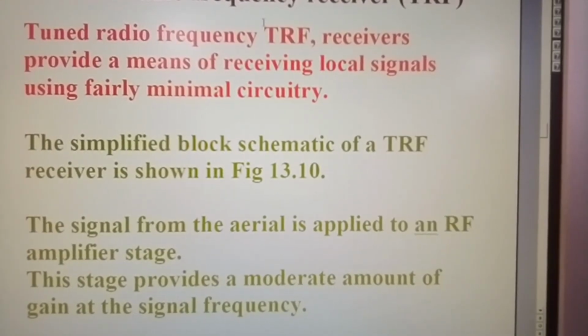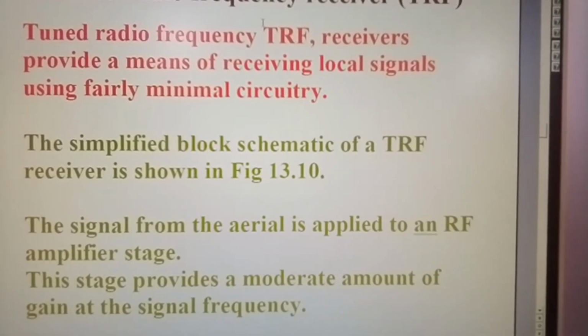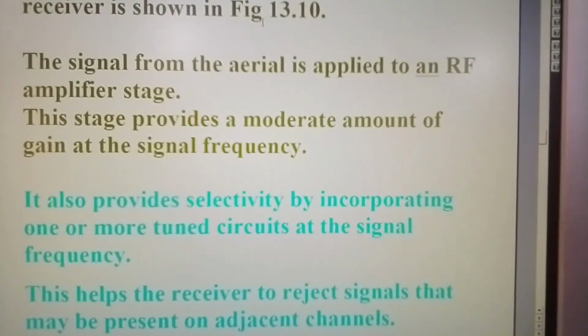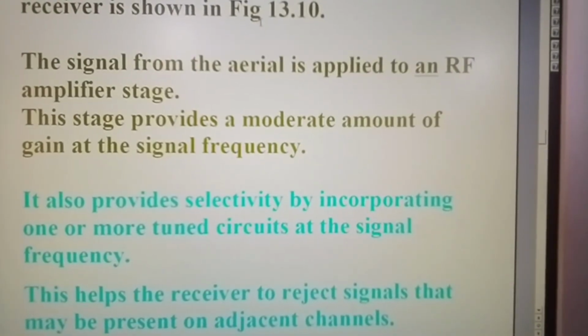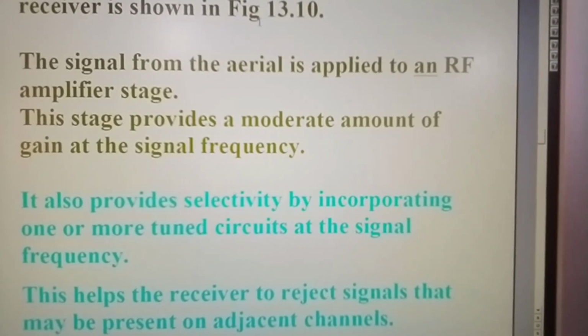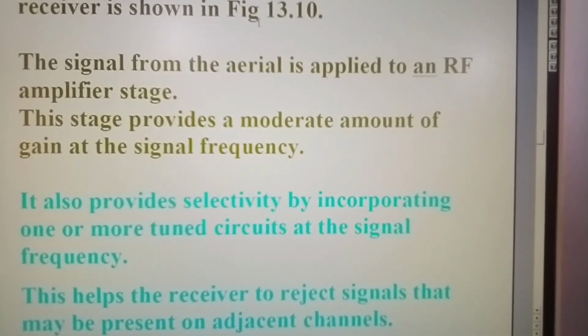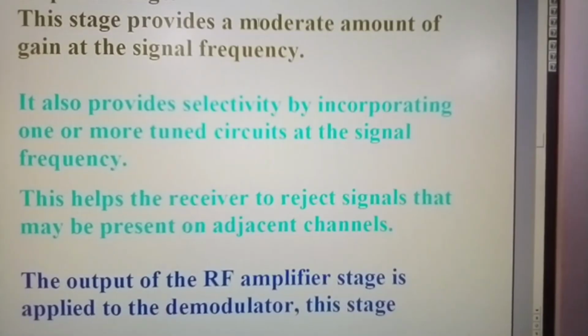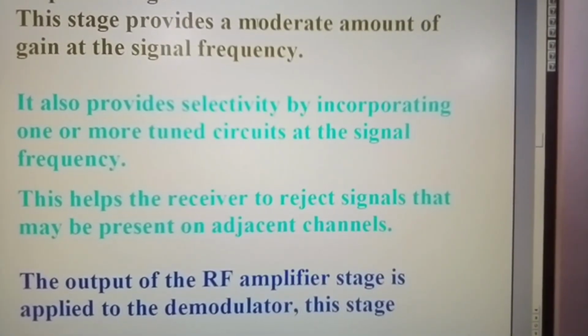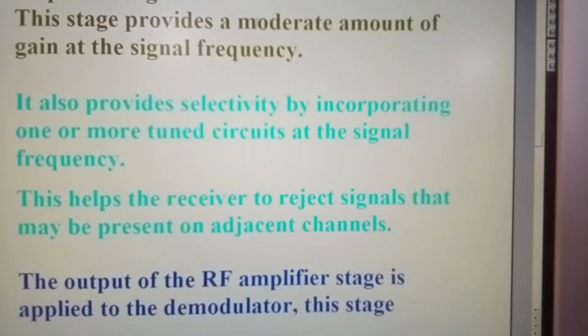This stage provides a moderate amount of gain at the signal frequency. It also provides selectivity by incorporating one or more tuned circuits at the signal frequency. This helps the receiver to reject signals that may be present on adjacent channels.